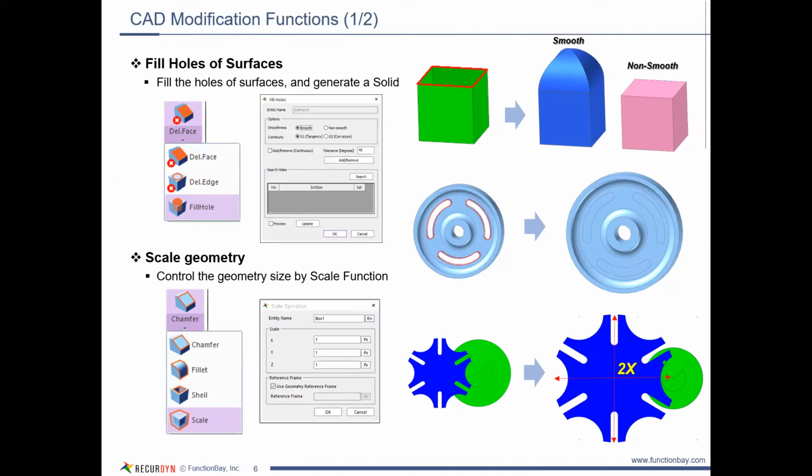As you can see in the dialog box, you can choose between a smooth surface or non-smooth surface. In this case of this empty box, in other words, a box with an open top, as we do a smooth option, it's going to try to match the contour of the surfaces associated with the free edges. So that's why it comes up the way it does.